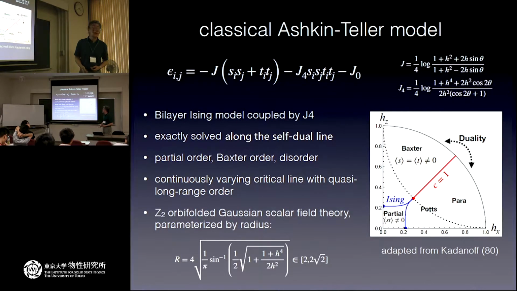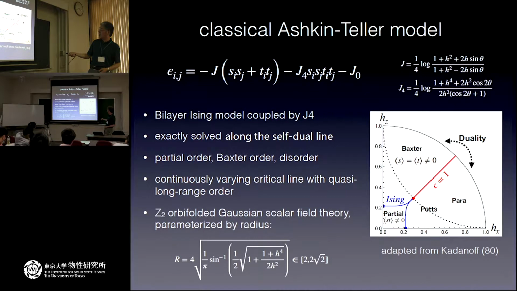It's just a Hamiltonian like this one. This is a well-studied model in statistical physics. You see, I adapted this phase diagram from Cardy's 1980s paper. This is a well-known result, actually.